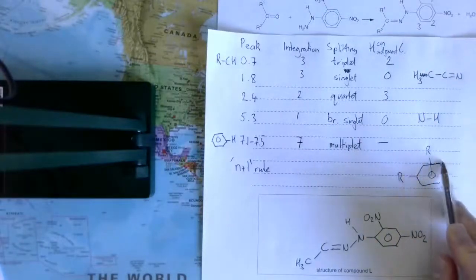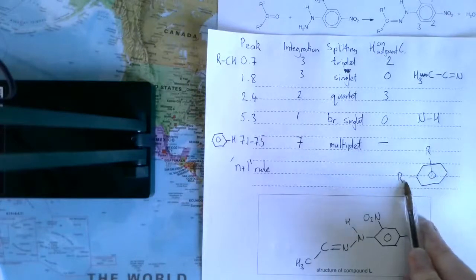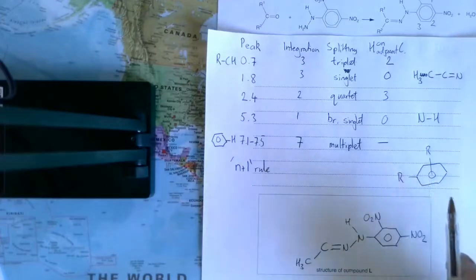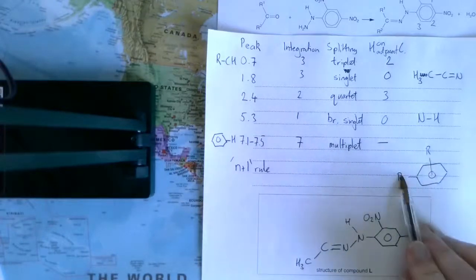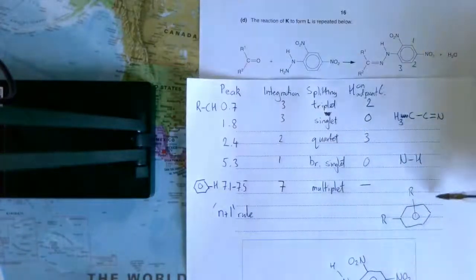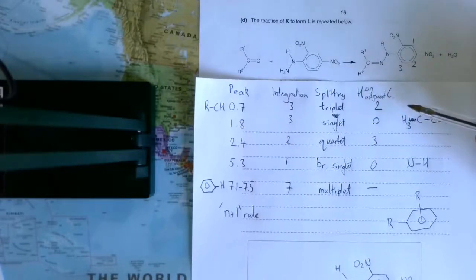We don't yet know if it goes on the 2nd, the 3rd or the 4th carbon, but we know that there must be an aromatic system and it must have 2 groups on it. Again, if you're panicking at this stage here going what on earth, just stick with it because we're going to see if we can work out the rest of the information.